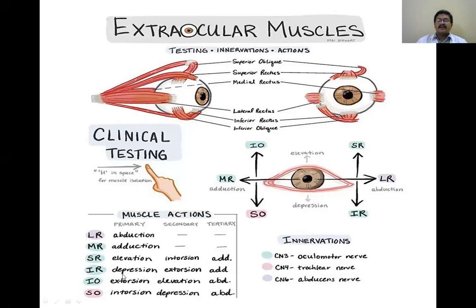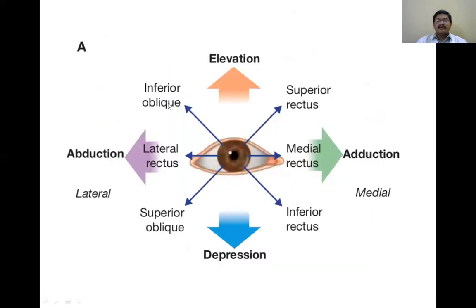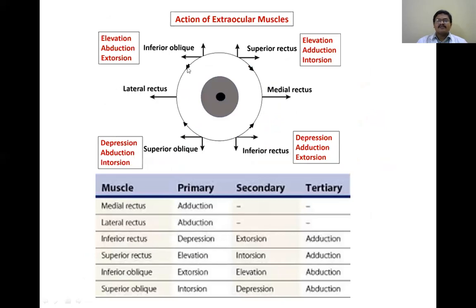The inferior rectus: the primary function is depression, and the secondary is extorsion and adduction. And the inferior oblique: the primary function is extorsion, the secondary function is elevation, and the tertiary function is abduction. The superior oblique: intorsion, and it causes depression as the secondary function, and the tertiary function is abduction. These are the muscles, and their functions we had already discussed just now.